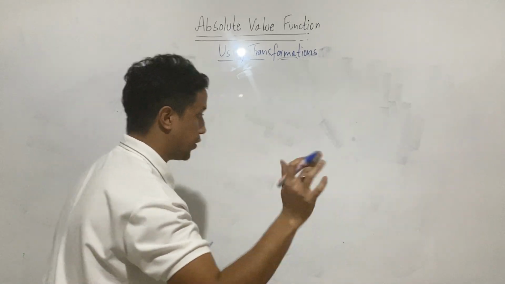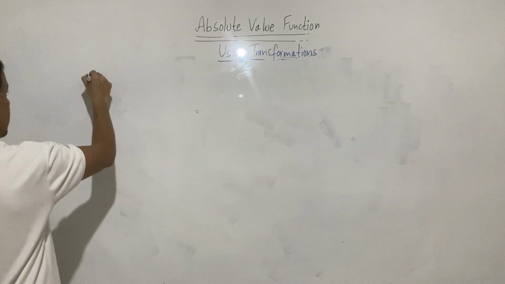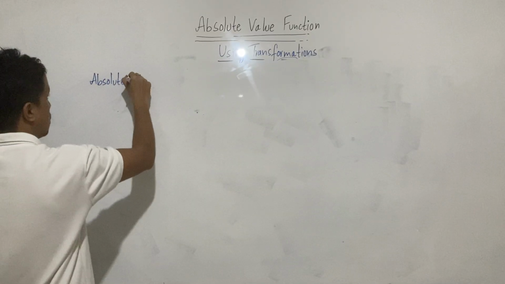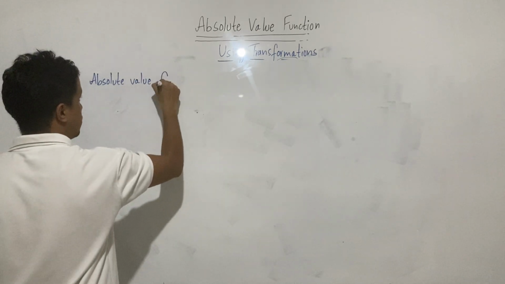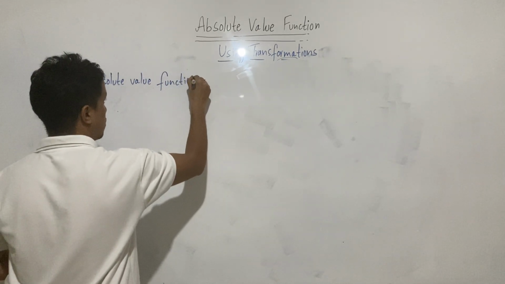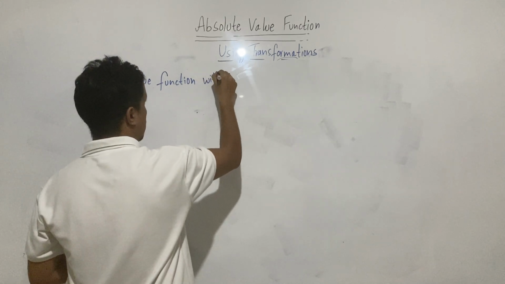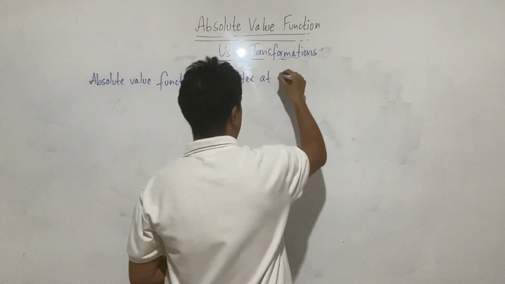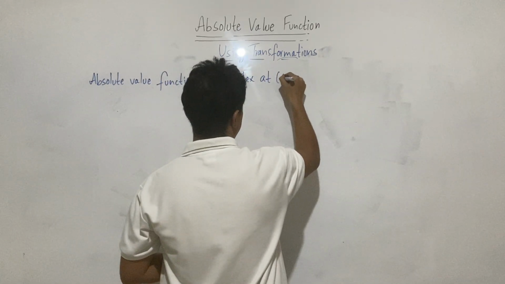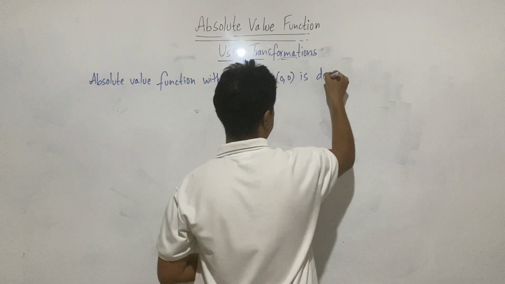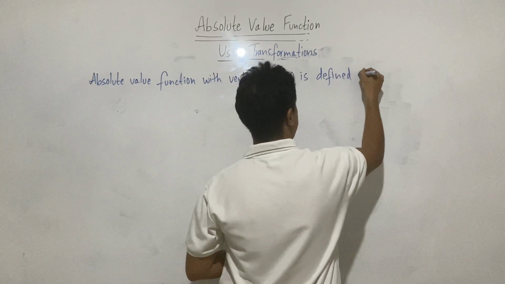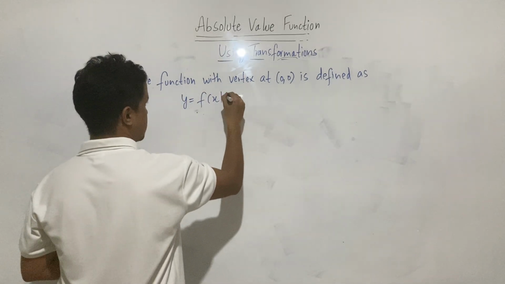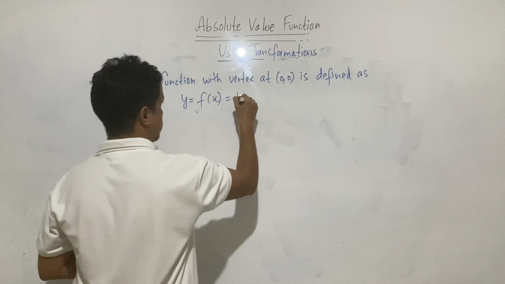Now I'm writing here: the absolute value function with vertex at 0, 0 is defined as y equals f(x) equals |x|.